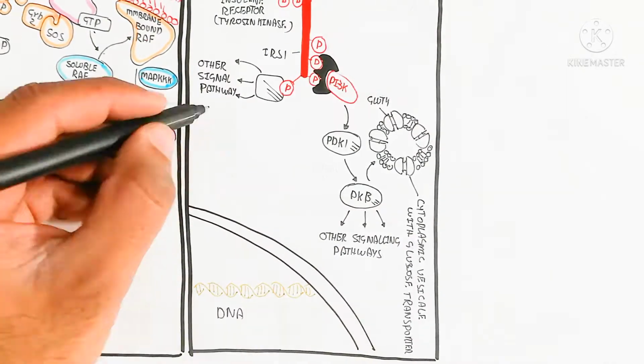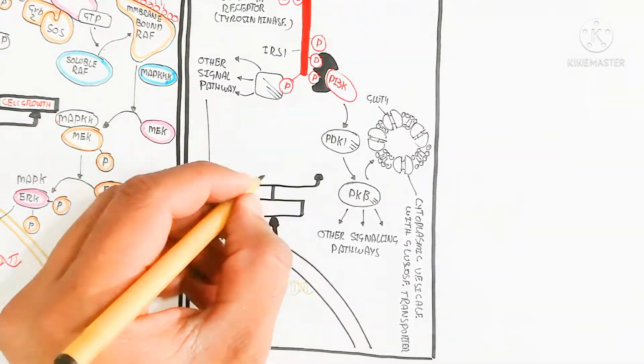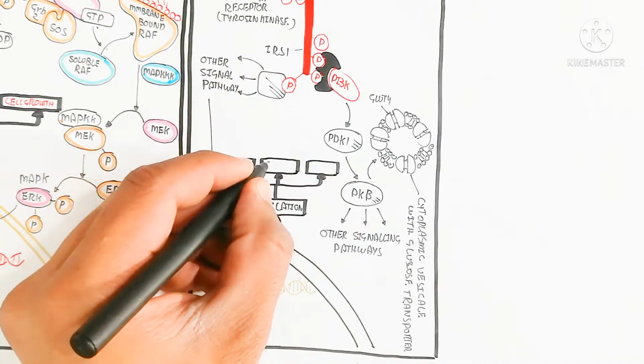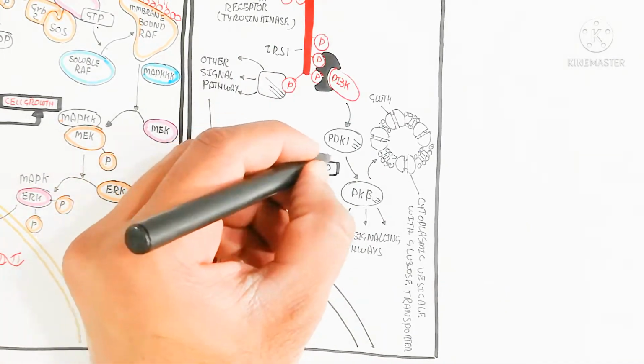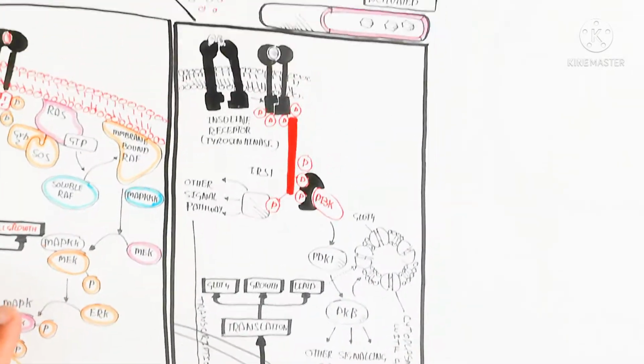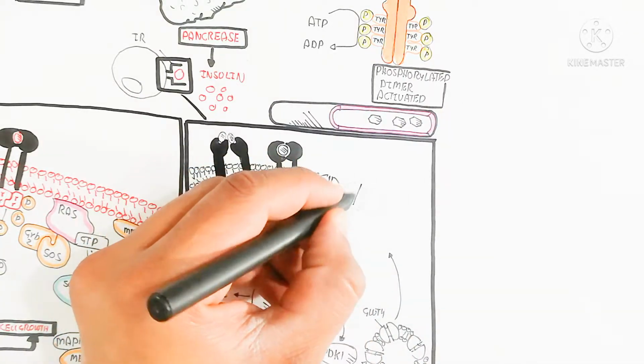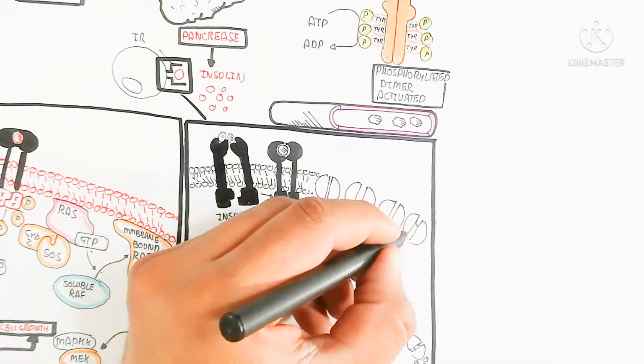And in this way, here is the cytoplasmic vesicle with the glucose transporter, which will be activated and bind with the plasma membrane, as you can see here.